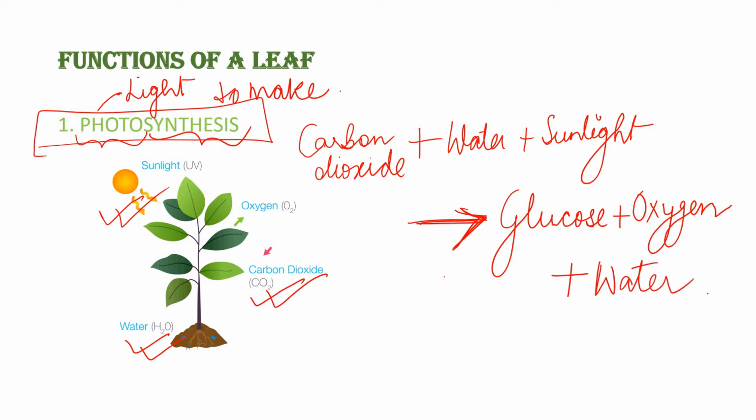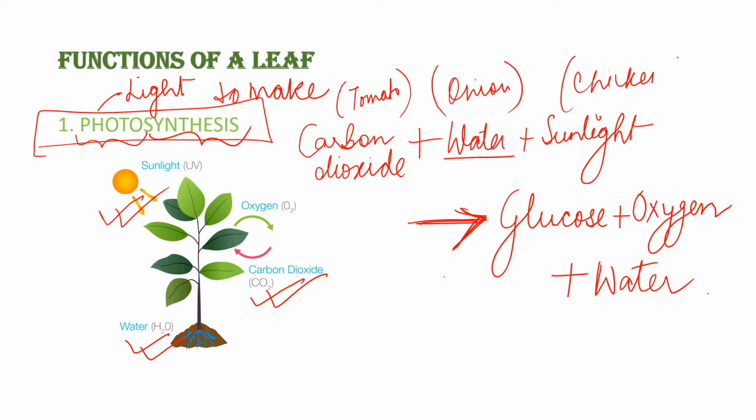So you can say that suppose carbon dioxide, like we love to make chicken curry or any other dishes. Okay, now suppose carbon dioxide is just like tomato, then water is just like onion, sunlight is the chicken or any other vegetable based on your food preference.